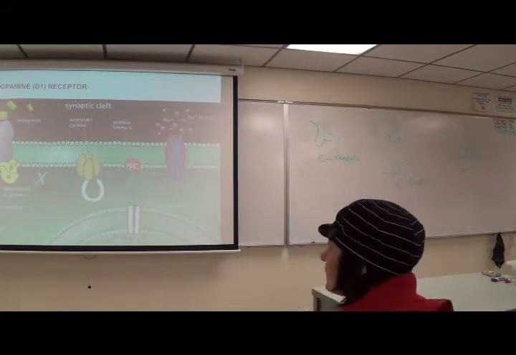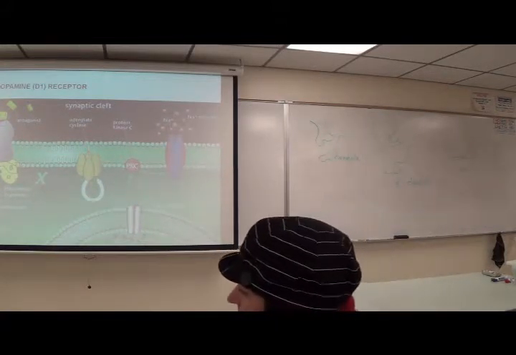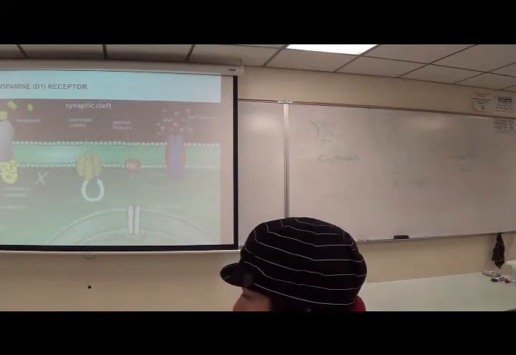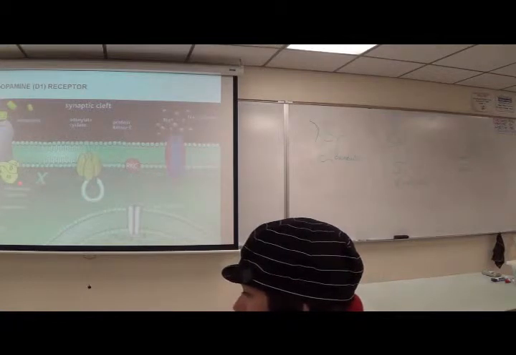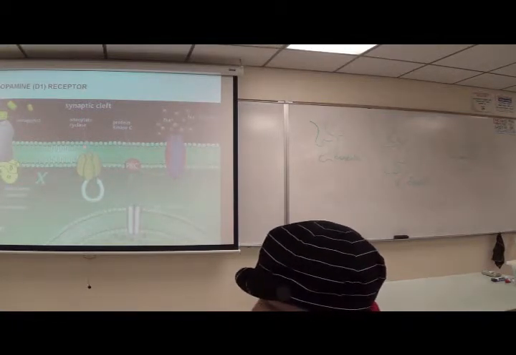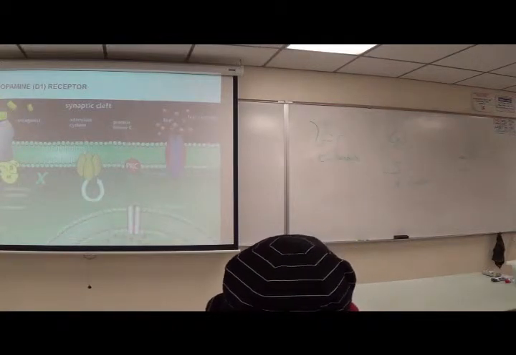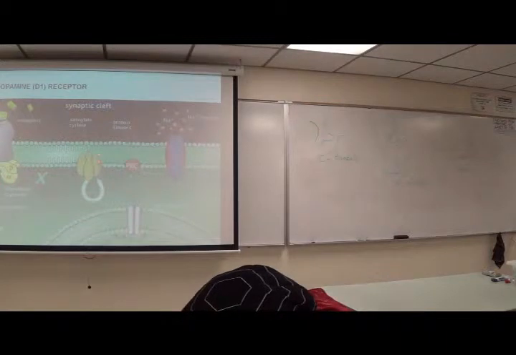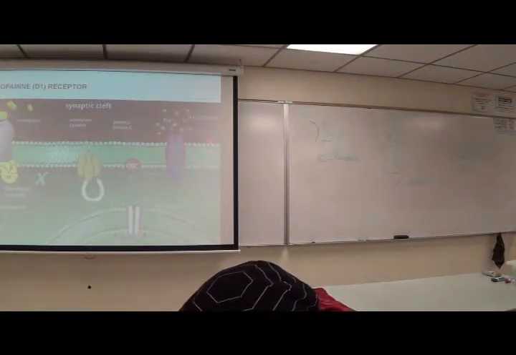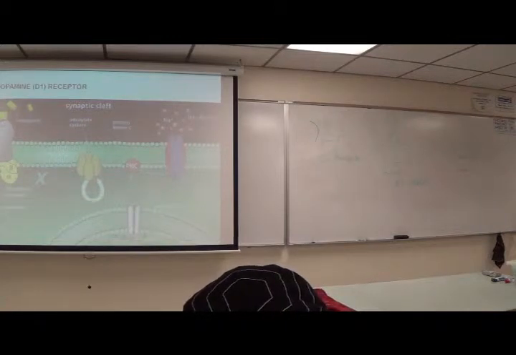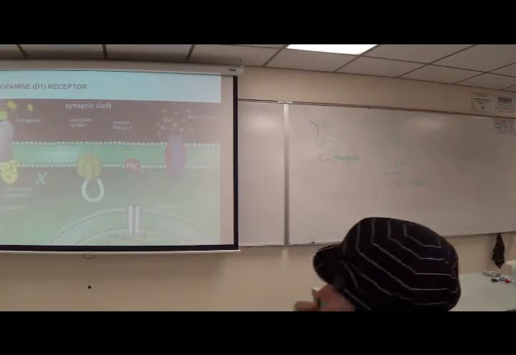So when we talk about a G protein being excitatory or inhibitory, we're not talking about necessarily the ion changes. We're talking about whether we are activating the adenylyl cyclase or inactivating it. Okay? So in this case, the alpha protein is activated and we turn on adenylyl cyclase. Our end result is inhibition of the neuron. All right? But the G protein is excited.